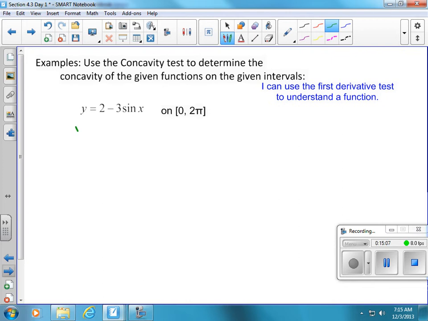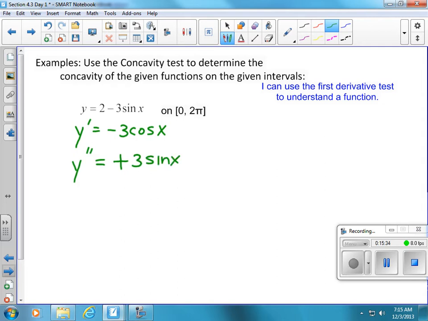All right, so we're going to take two derivatives to figure out the concavity of this function. We have the derivative equals 0 minus 3 times cosine of x. The second derivative equals, cosine's derivative is negative sine, so we have plus 3 sine of x.